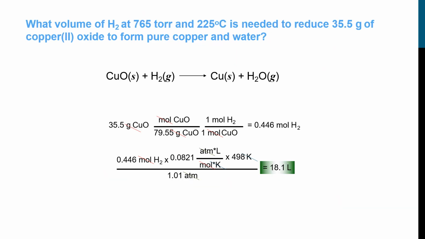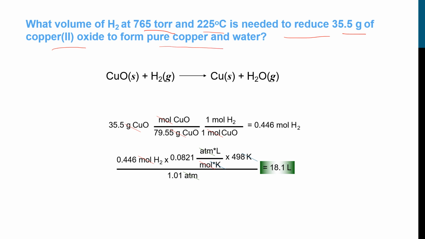Okay, next example. What volume of hydrogen molecule at 765 torr and 225 degrees Celsius is needed to reduce 35.5 gram of copper(II) oxide to form pure copper and water?